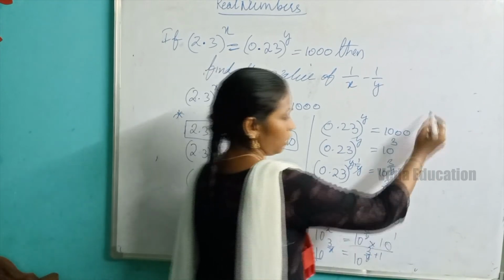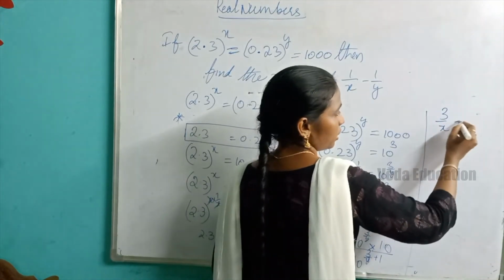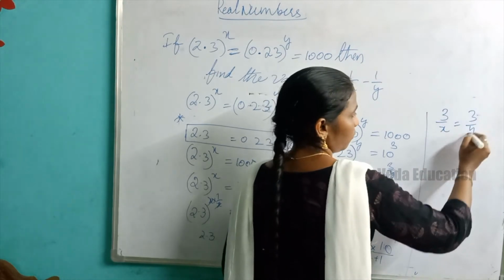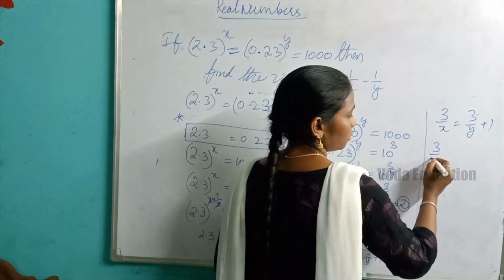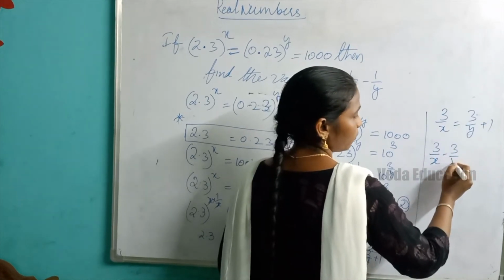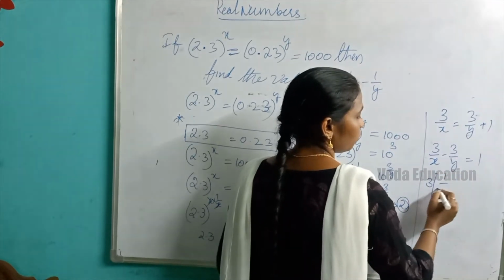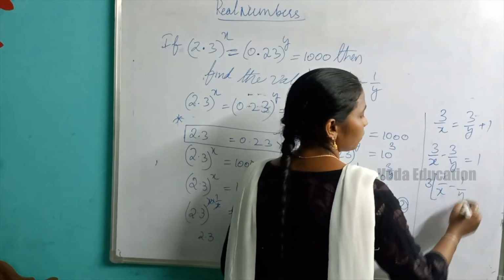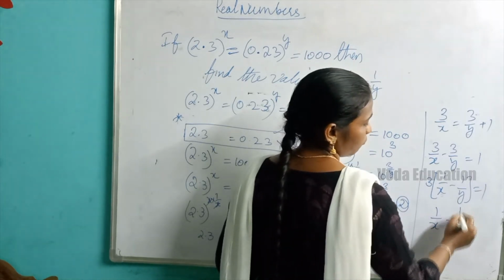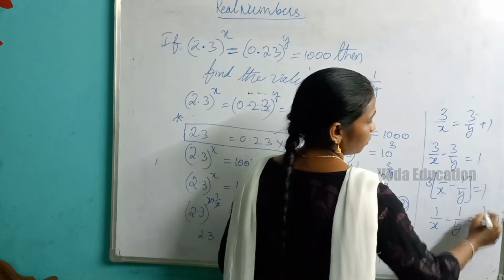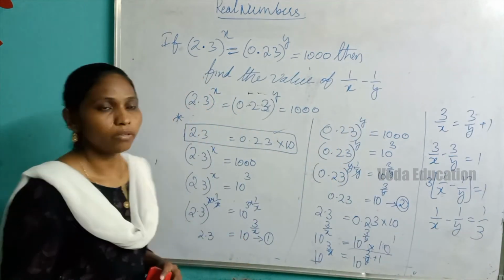Okay, now 10 is common on both sides, so the powers can be equated: 3 by x equals 3 by y plus 1. So moving 3 by y to the left, 3 by x minus 3 by y equal to 1. Now take 3 common: 1 by x minus 1 by y equal to 1 by 3, by transferring the 3. So they are defined 1 by x minus 1 by y.